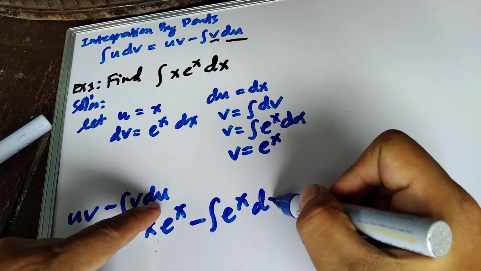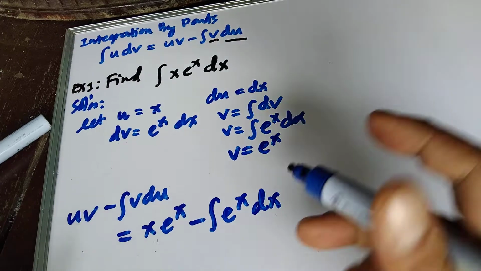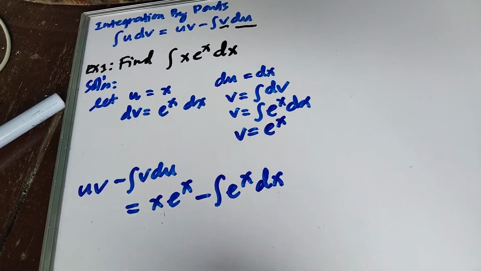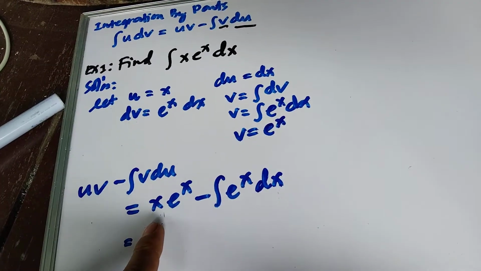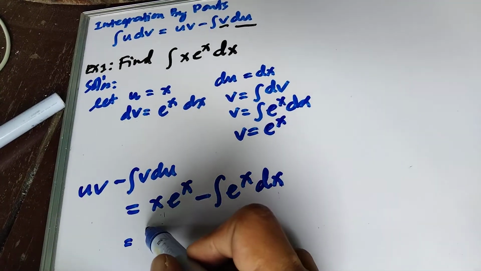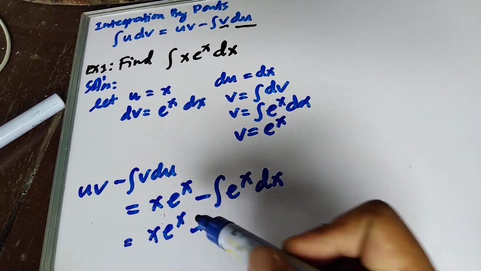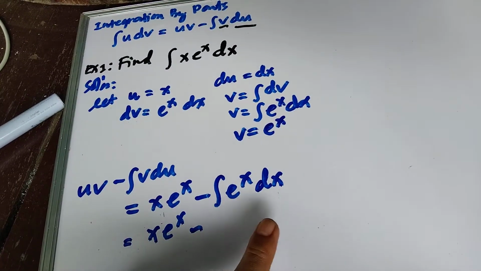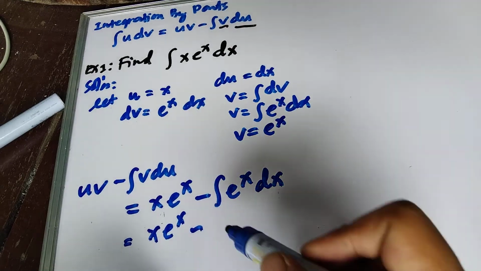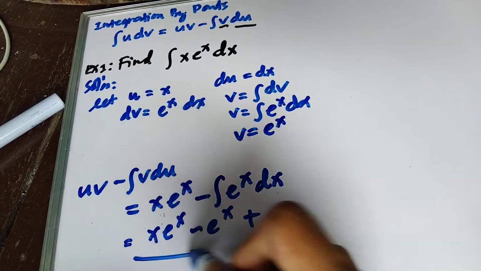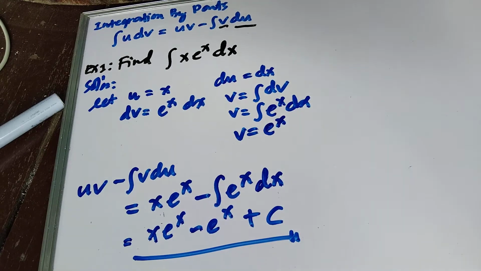Simple as that. Now simplify further. You have x times e to the power of x, simply x e to the x. Minus, what's the integral of e to the x dx? Simply, you have e to the x, then plus c. That's it. Simple as that.